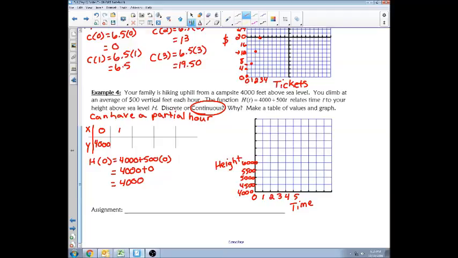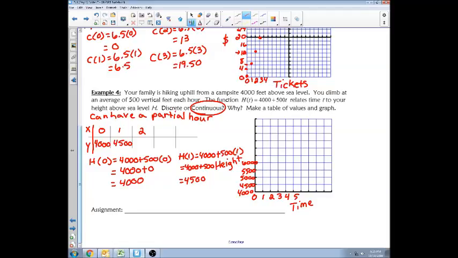In 1 hour, what would our height be? Well, h of 1 is equal to 4,000 plus 500 times 1, which would be equal to 4,000 plus 500, which would be 4,500 feet. So in 1 hour, we'd be at 4,500 feet.